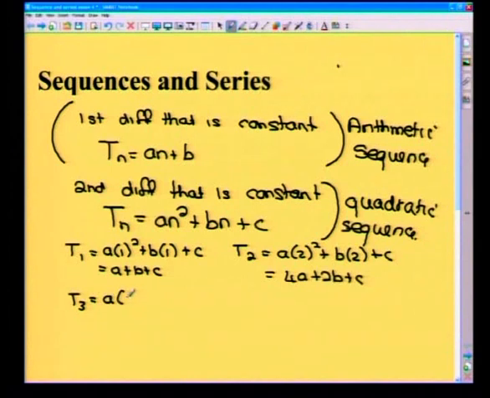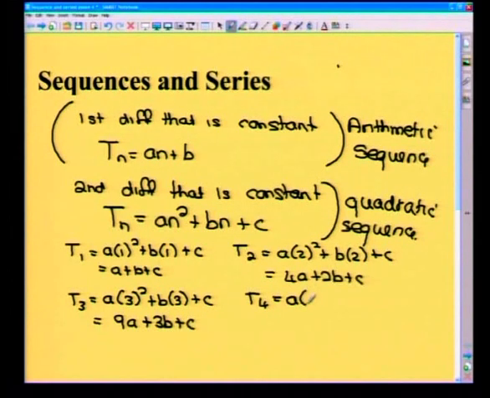So it's A, 3 squared plus B times 3 plus C. And if we tidy that up, we're going to get 9A plus 3B plus C. And one more term, term 4, is going to be A, 4 squared plus B times 4 plus C, which gives me 16A plus 4B plus C.